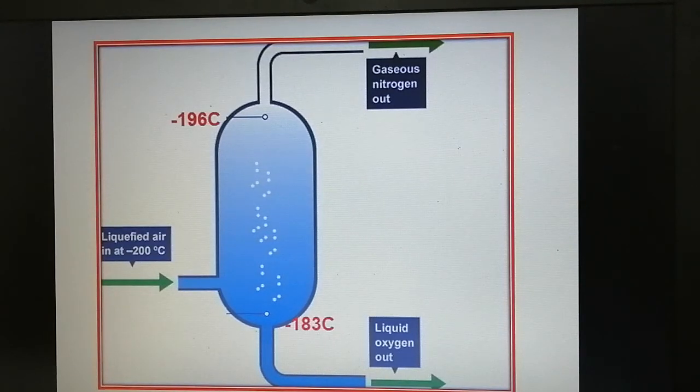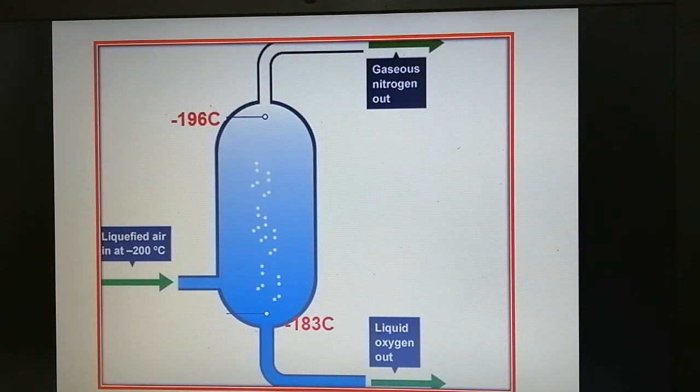You should know the uses of nitrogen and oxygen. What is the purpose of separating these gases? Nitrogen is highly unreactive, N triple bond N, so it is used in food packaging.